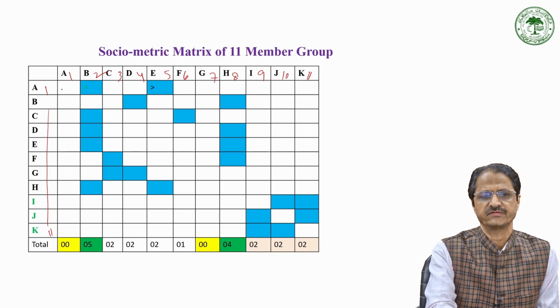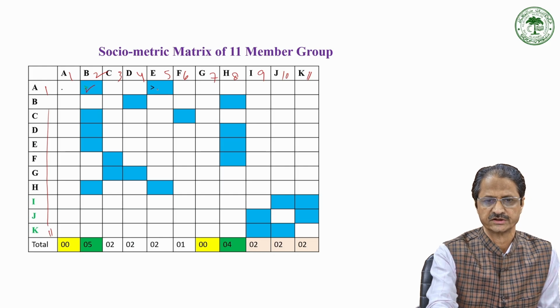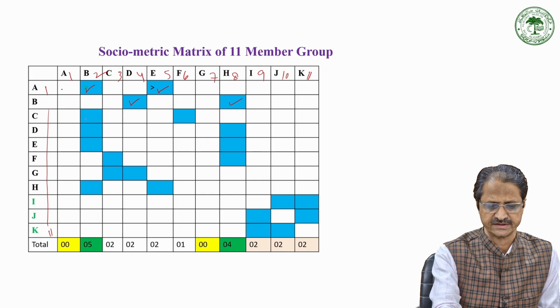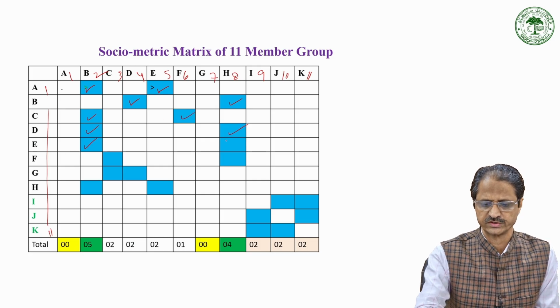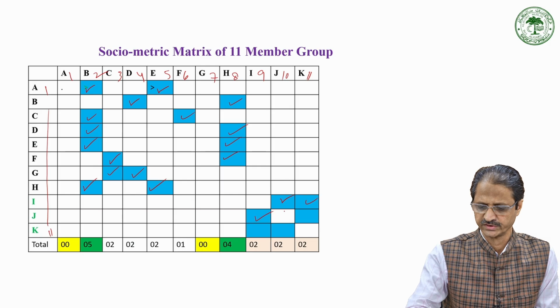This choice was given to the students, and A nominated B and E, and B nominated D and H, and similarly every individual nominated 2 students with whom he or she would like to perform a task. So these are basically the nominations of the students.